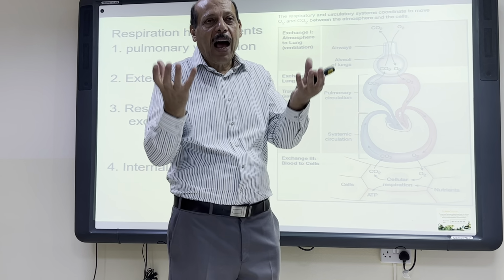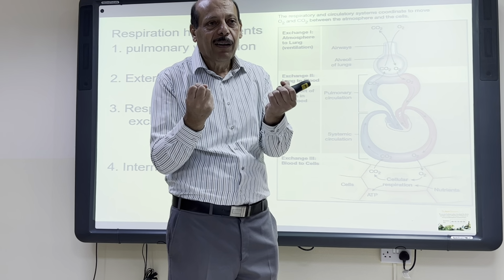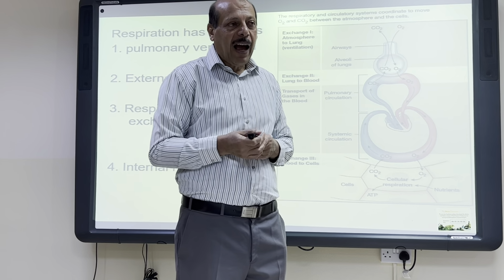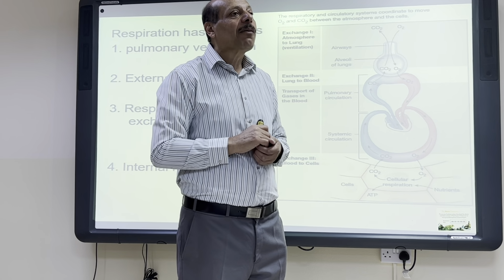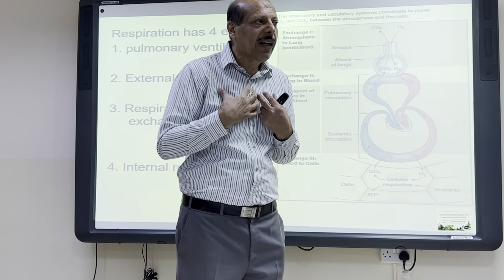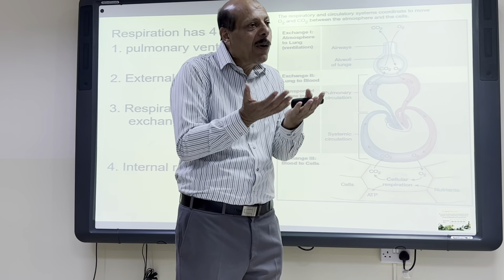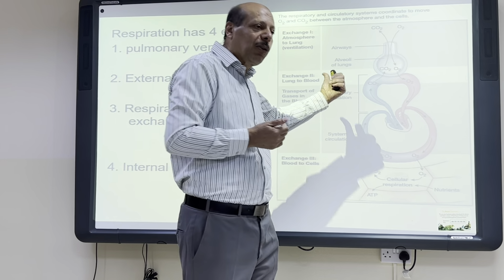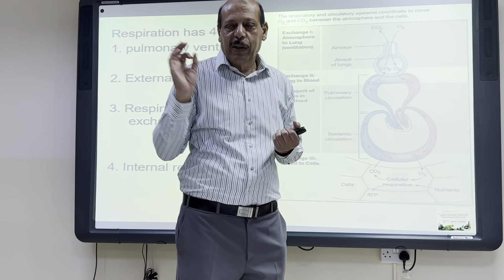In order to have the ability to grasp oxygen more. When we go there, we will sometimes feel difficulty in breathing. Why? Because we are not used to the atmospheric pressure there, and we are not used to the low level of oxygen. Did you get the point?